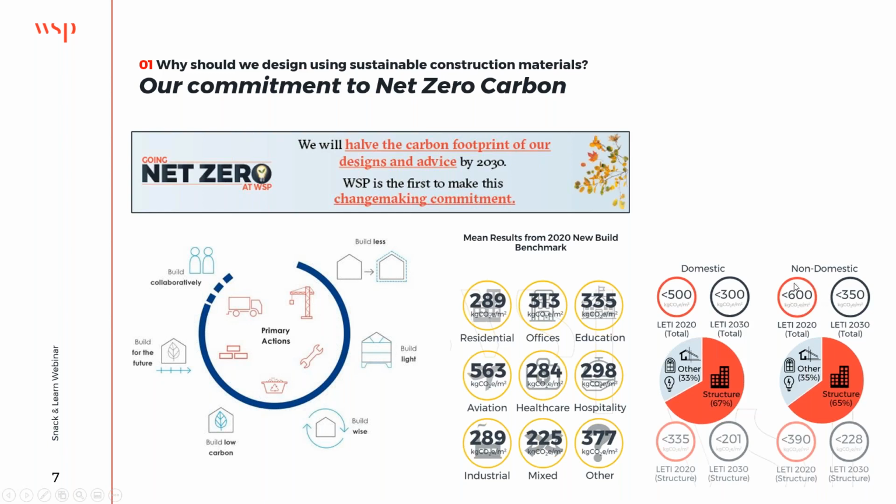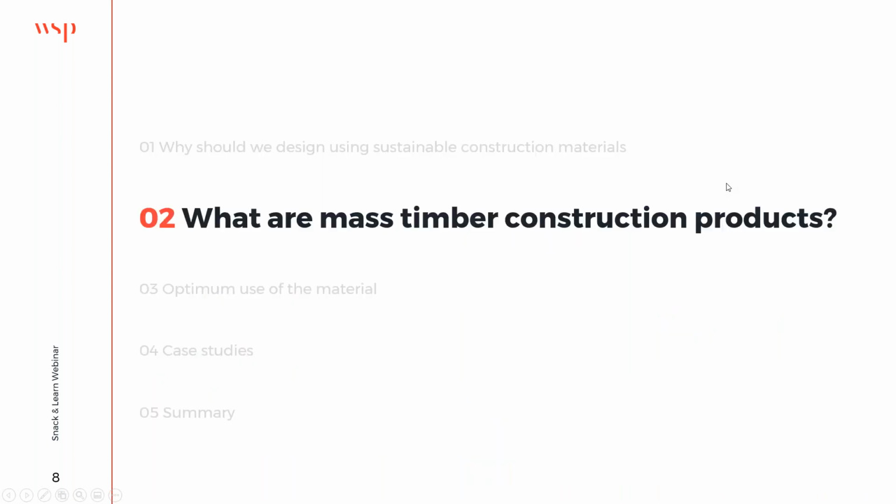So for non-domestic projects, 600 kilograms of CO2 per meter squared versus 350 in 2030. And at the bottom here we're identifying structurally what that means in terms of the structural materials of the development. So you can see in most cases we were there or thereabouts, although on some projects there was quite a bit to go, but obviously we're working towards it.